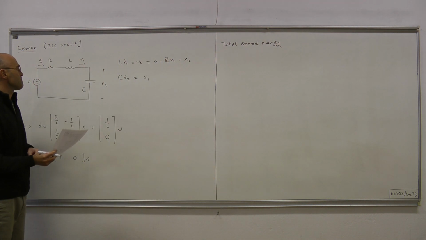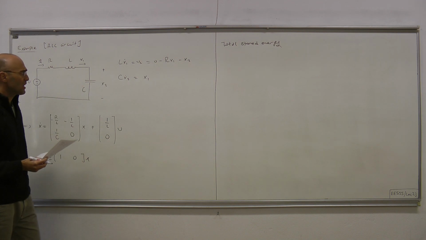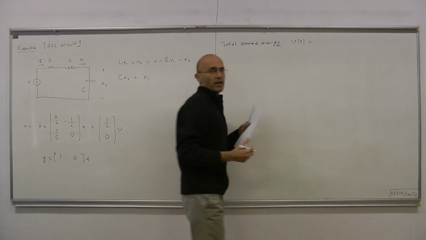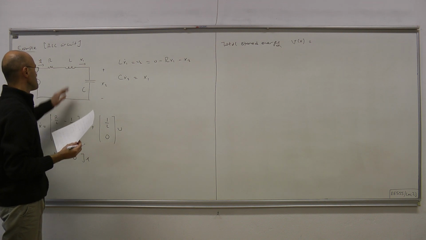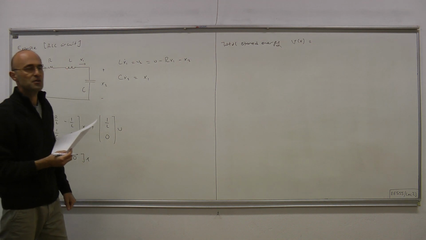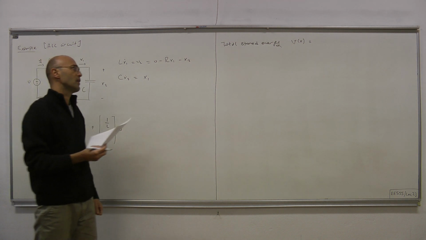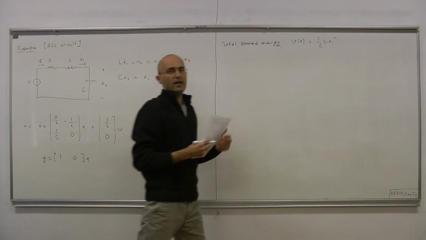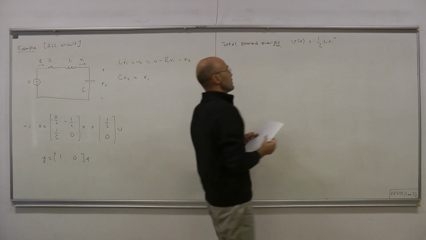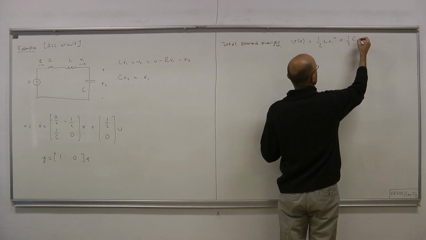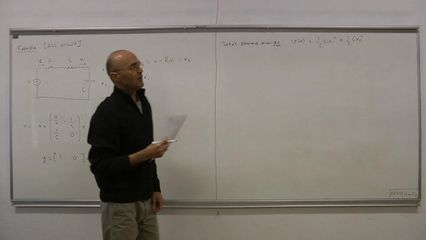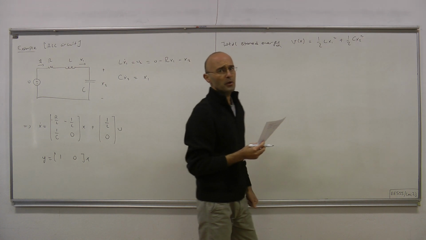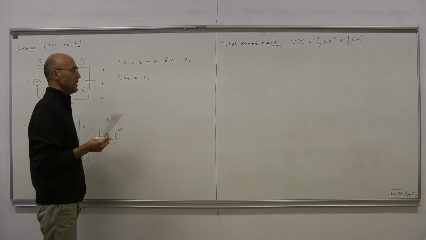We have two energy storing elements, the inductor and the capacitor. The stored energy in the inductor equals 1/2 times the inductance times the square of the current passing through the inductor at that particular time. So we have 1/2 L x1 squared. For the capacitor, we have the dual case: 1/2 C times, this time, the square of the voltage. And these summed together are what we're calling the total stored energy in the circuit at any given time.